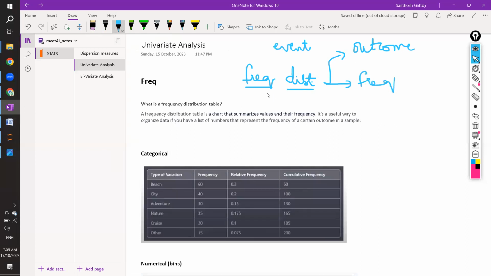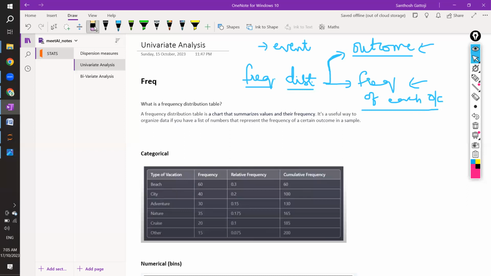In frequency distribution for any given event, you need to calculate two things. One is the outcome, and what is the frequency of each outcome. Frequency distribution is: for any event you will have an outcome and the frequency of each outcome.